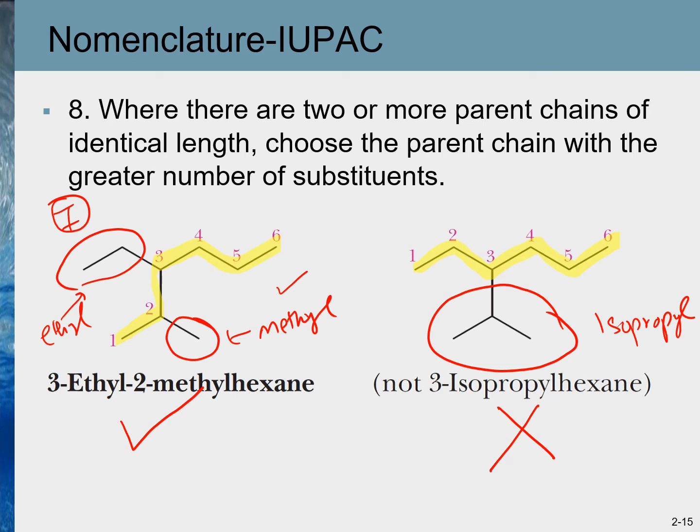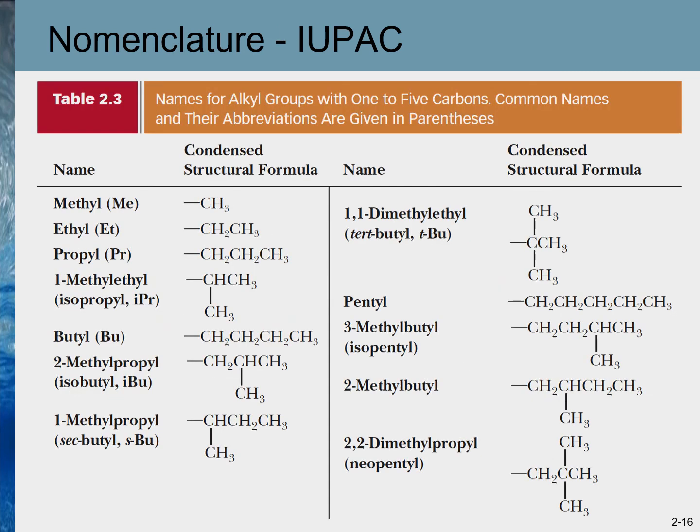So these are all the rules, and we will now practice few names, and that will give us an idea how to write the names of various alkanes. This table summarizes the names of alkyl group with 1 to 5 carbons, and in many cases we do use common names instead of the IUPAC name of the alkyl group.